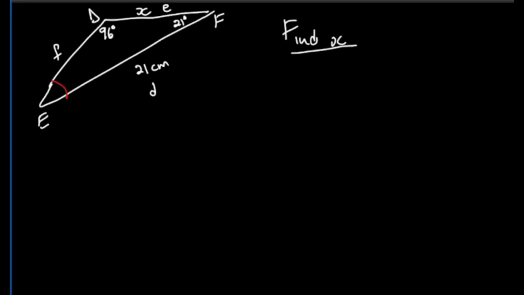We have two angles and one side, and we are looking for the missing side. How do we find a missing side if we have a triangle that has two angles? Come on, think about this. What is the sum of angles in a triangle?